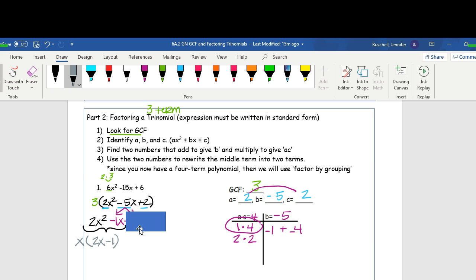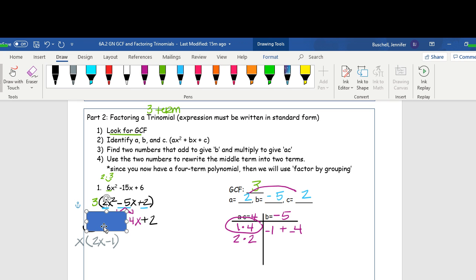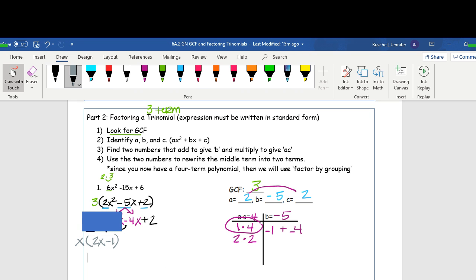Now I'm going to take my square and cover the first pair up. Okay. And I'm going to group the second pair. So negative 4x plus 2. And I'm going to find the GCF between those 2. So my smaller number between 4 and 2 is 2. And 2 can go into 4.